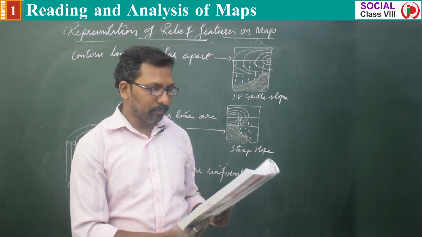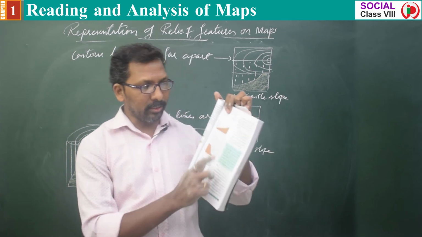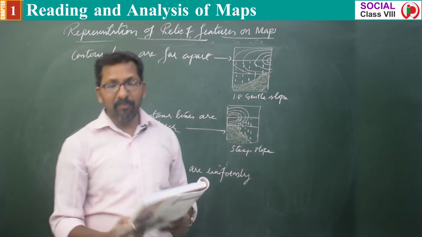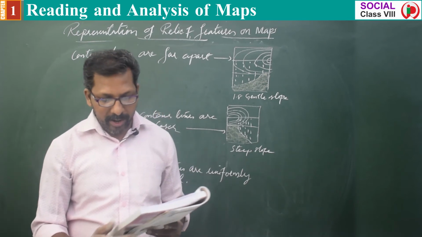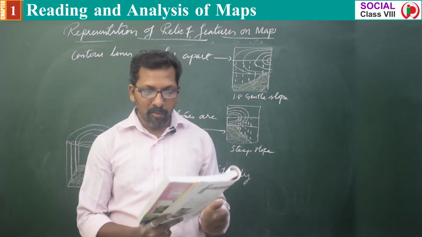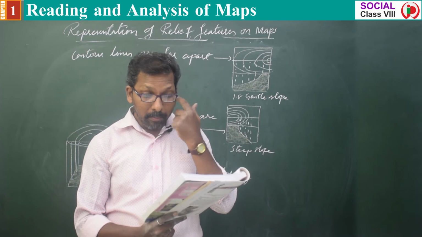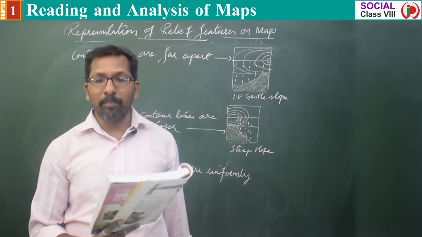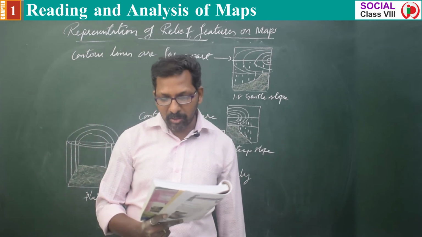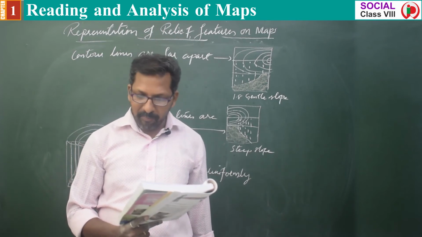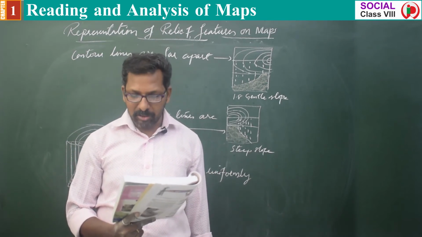Okay. So in this book, there is a question given here. In this book, there are different thematic maps: relief and drainage on page 14, mean annual rainfall on page 15, soils on page 16, forests on page 55 and minerals on page 64.